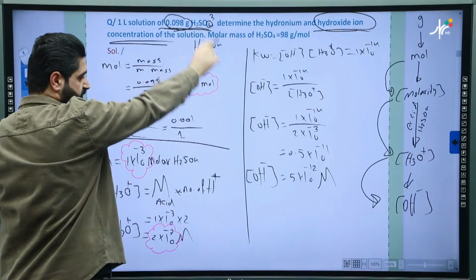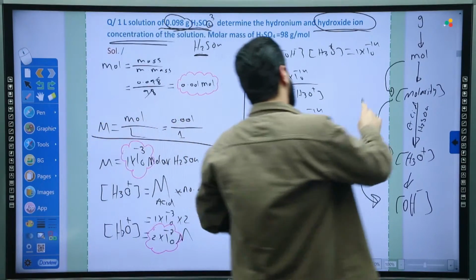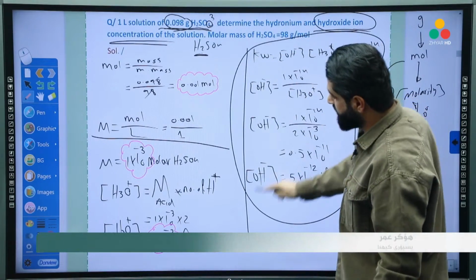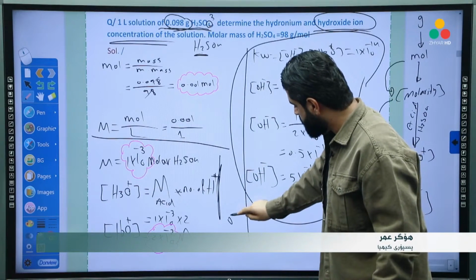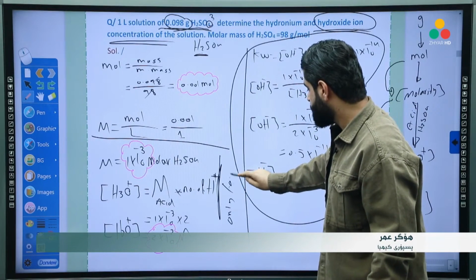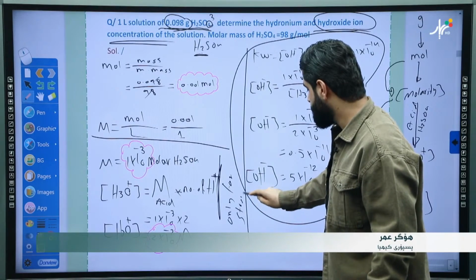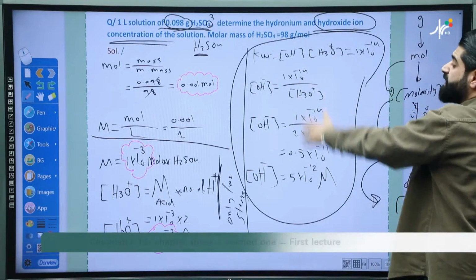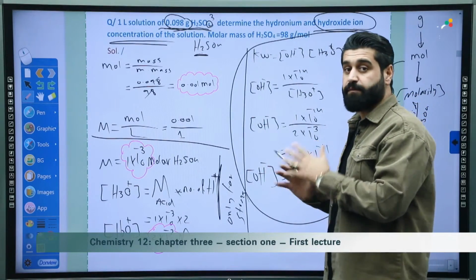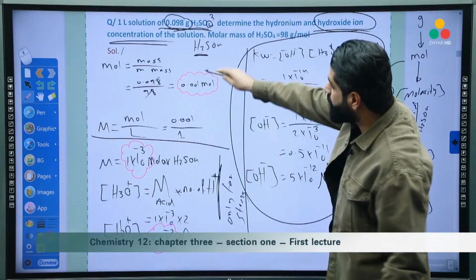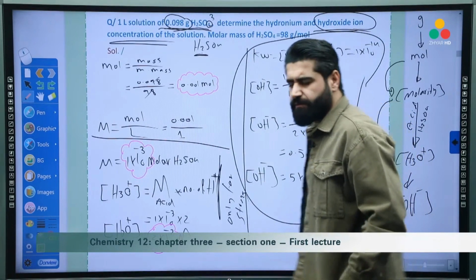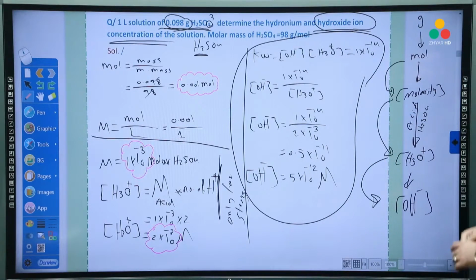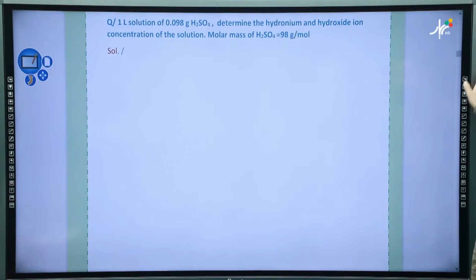And of course, these formulas are applicable for weak and strong electrolytes also, but this one is only applicable for strong electrolytes due to their degree of ionization, which is known.